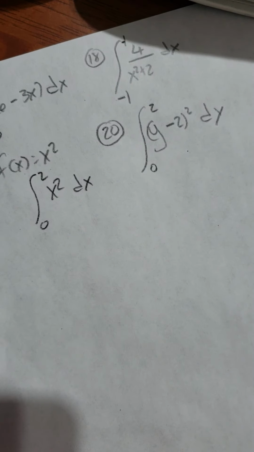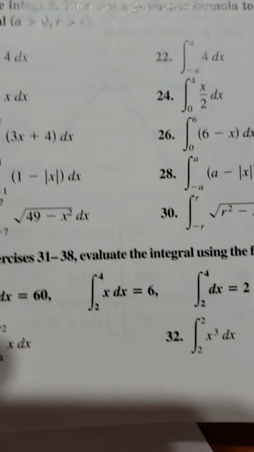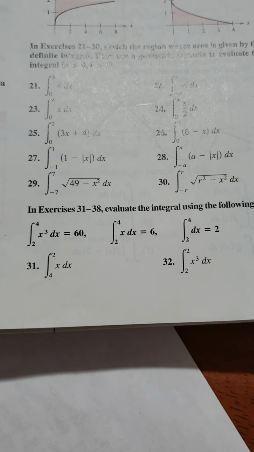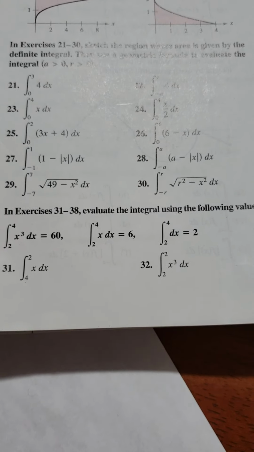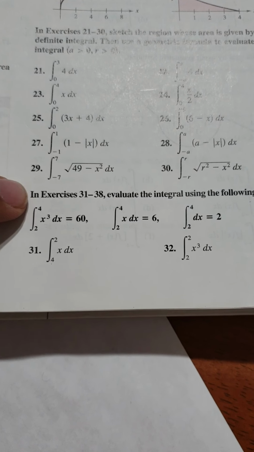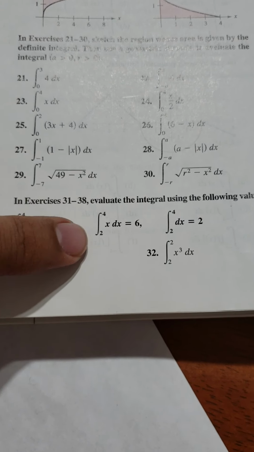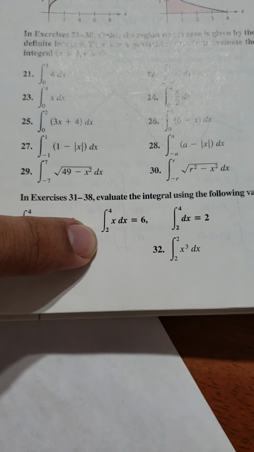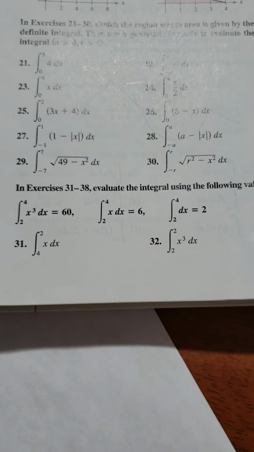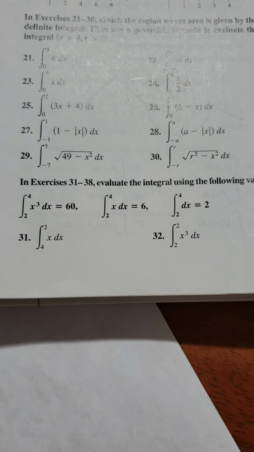I want to go to the next part, from 31 to 38, which says use this result. We already have the integral of x to the third power going from 2 to 4 is 16, the integral of x going from 2 to 4 is 6, and the integral of dx going from 2 to 4 is 2.